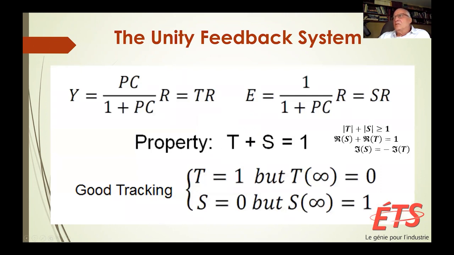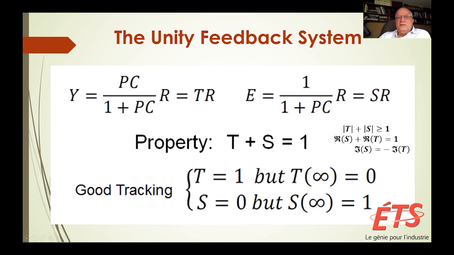So the feedback system, basically T plus S equals 1, T being the closed loop and S the sensitivity. We can see that T plus S equals 1 is ideal. So good tracking means T equals 1, from which it follows that S equals 0. But as we know, causal systems are strictly proper. That means at infinite frequency, T of infinity is 0. So it's impossible to get 1 at all frequencies and 0 at all frequencies.